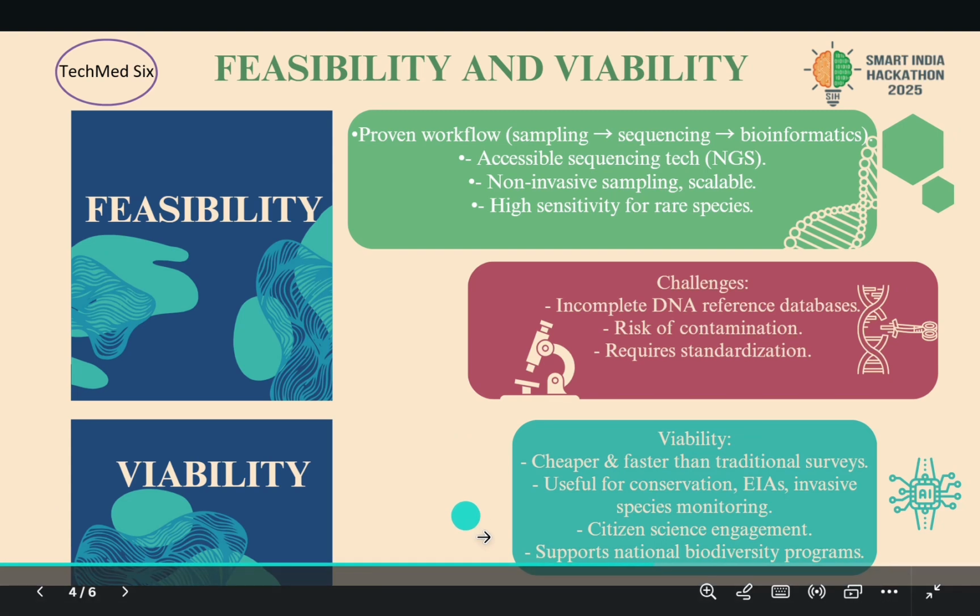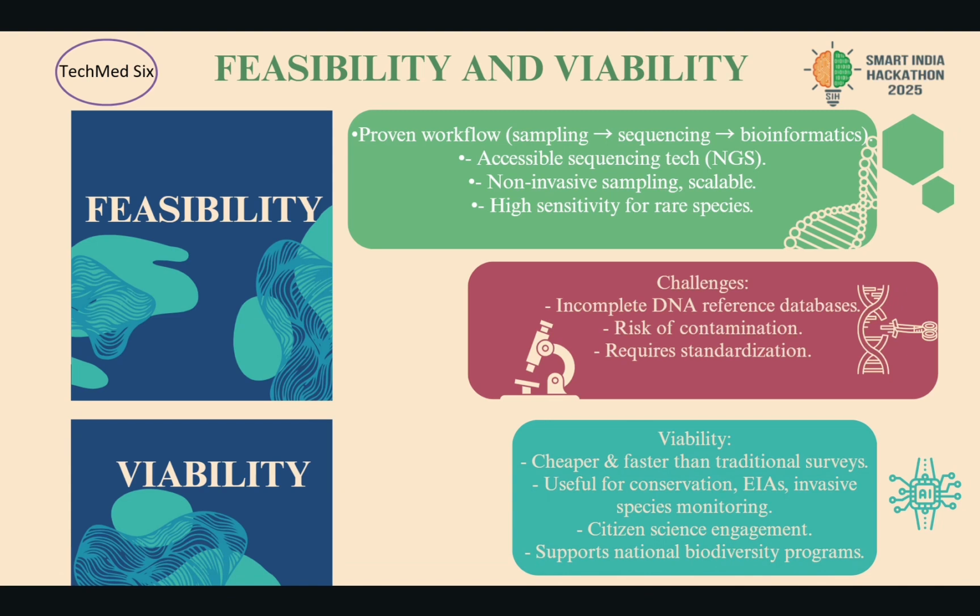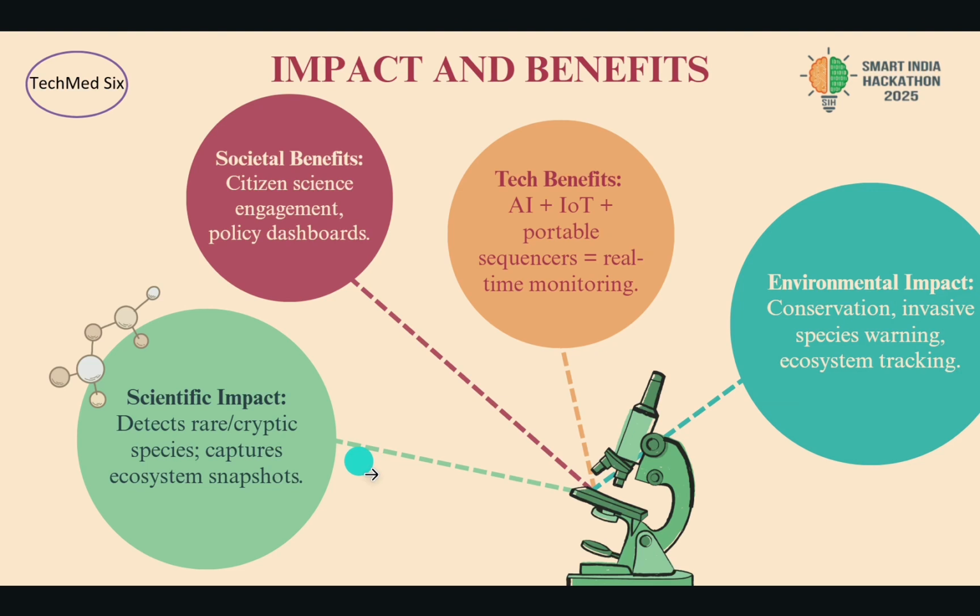Our solution is very viable because it is cheaper, faster, and conservative, and it supports national biodiversity programs. This project has many impacts and benefits: scientific impacts, impact on society, on tech, and environmental impact.